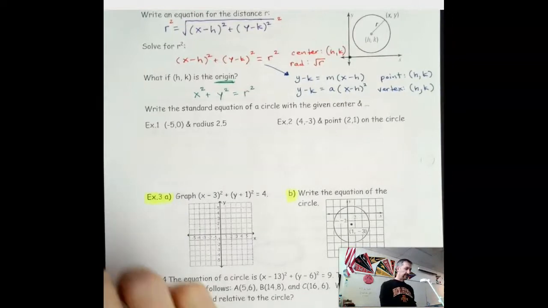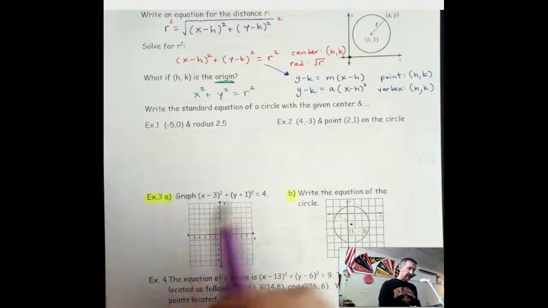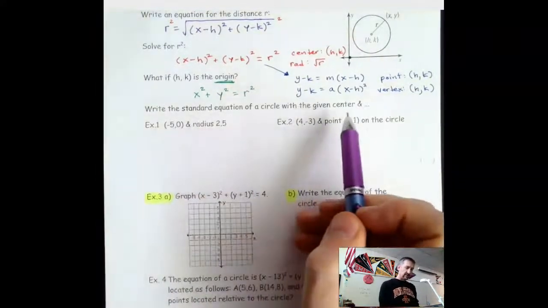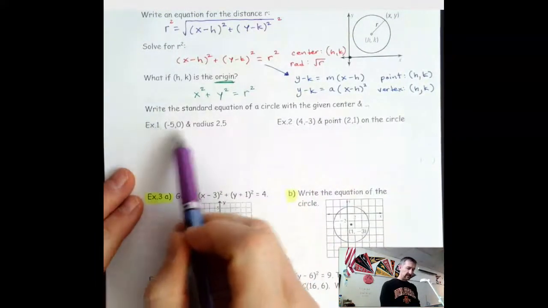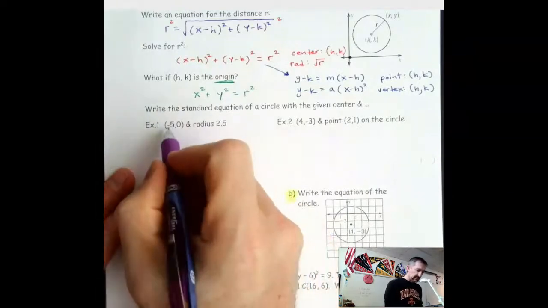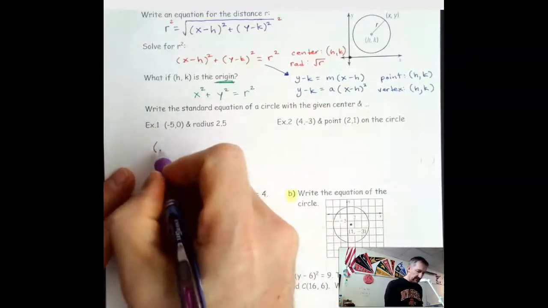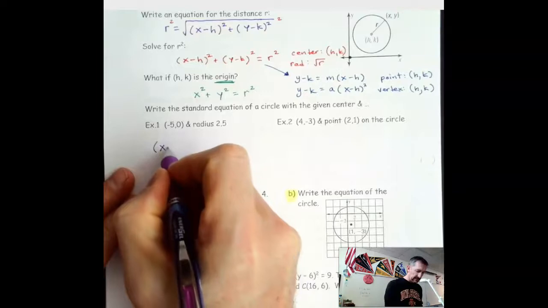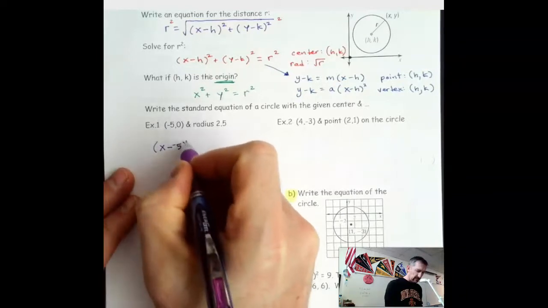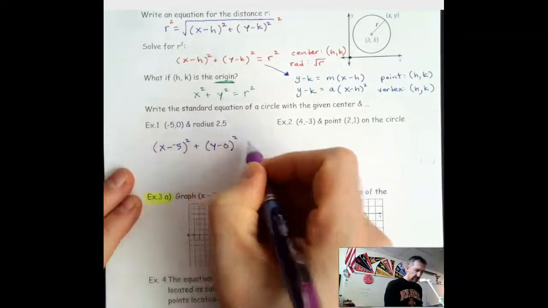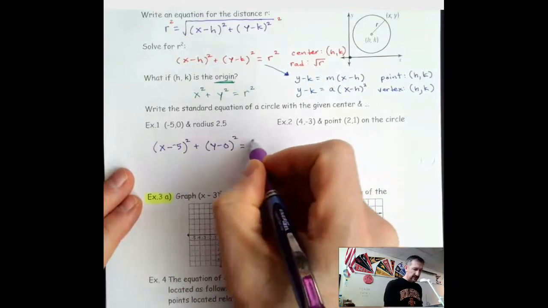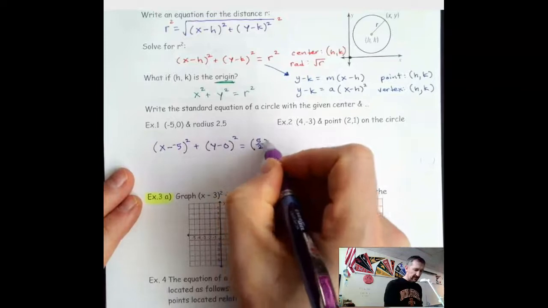That can help us. So moving on, it says write the standard equation of a circle with the given center and radius. So here's the center and there's the radius. So we start with x, so it would be x minus negative 5 squared plus y minus 0 squared equals, I would put 5 halves squared personally.